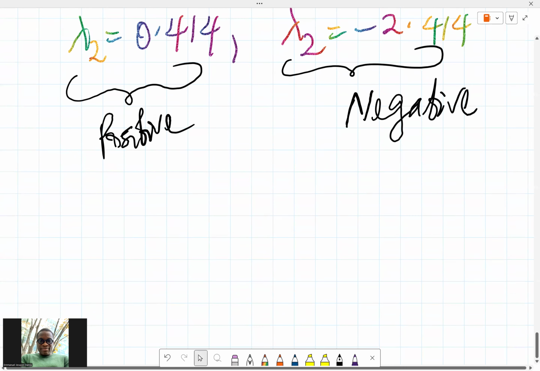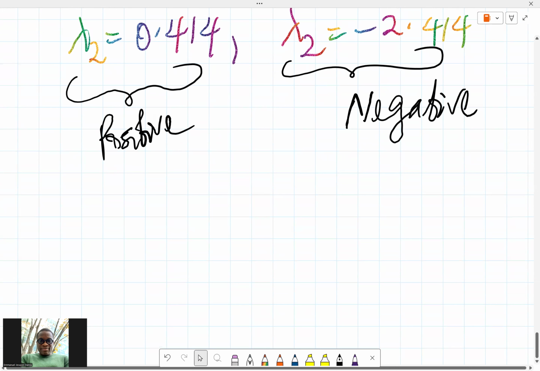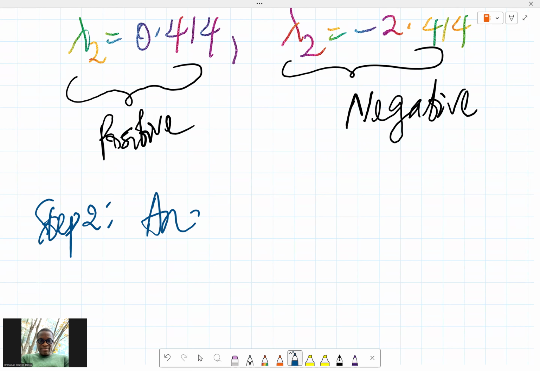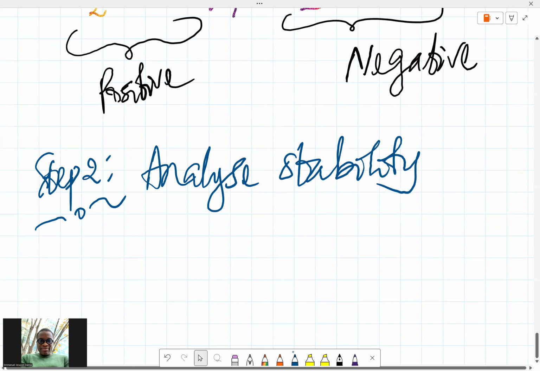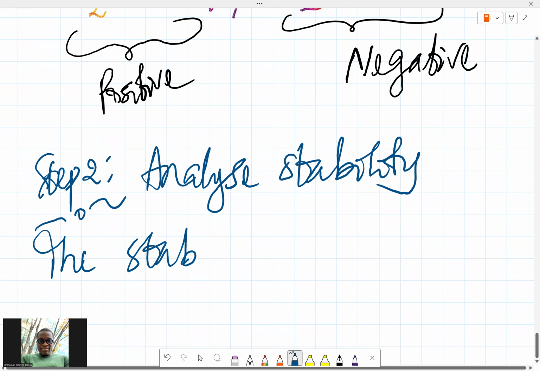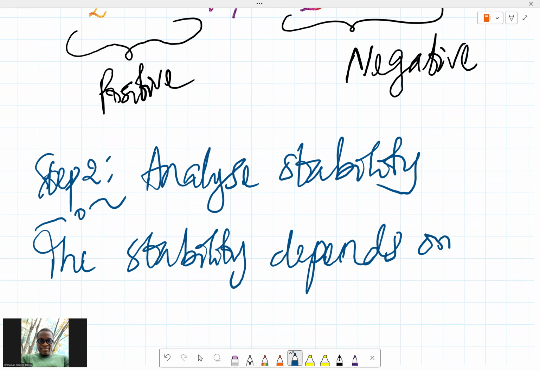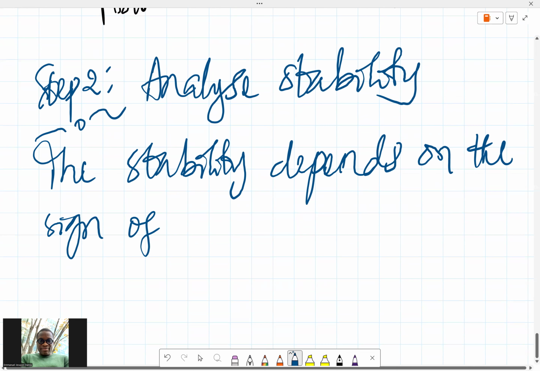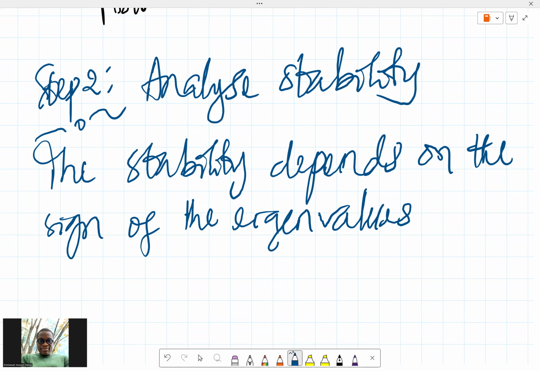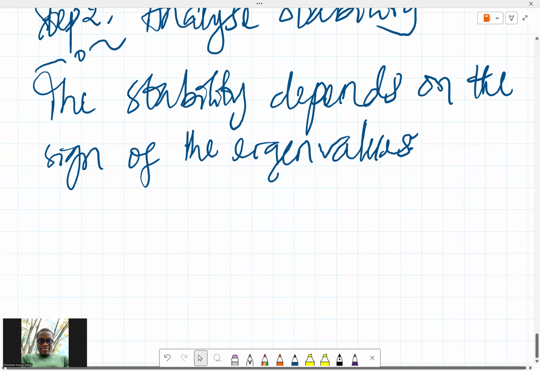So let's go for step 2, where we analyze stability. Stability depends on the sign of the eigenvalues. So we have the following conditions.